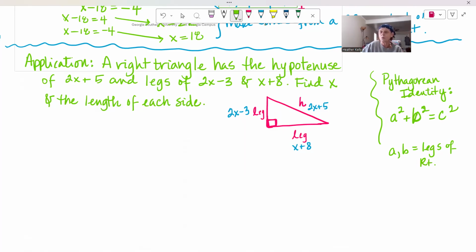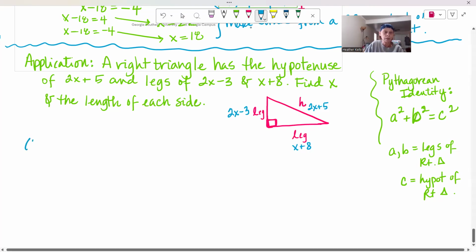Remember, this only works for right triangles. And c is the hypotenuse of the right triangle. You cannot apply this rule that gets beat into our heads to anything but right triangles. Okay, fortunately, we can model a lot of things with right triangles. So, yay.